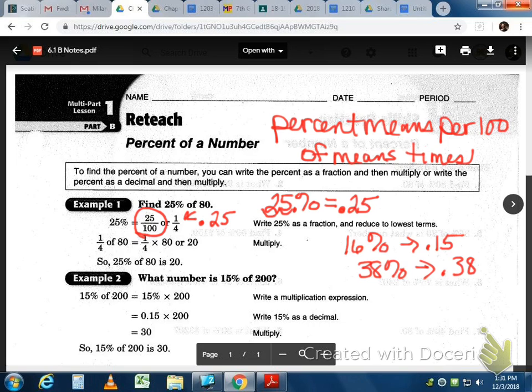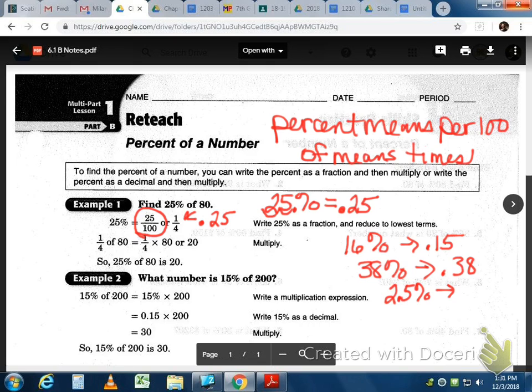0.38. Okay, now I'm going to be a little trickier here. What would 2.5% be as a decimal? Somebody that has an answer.